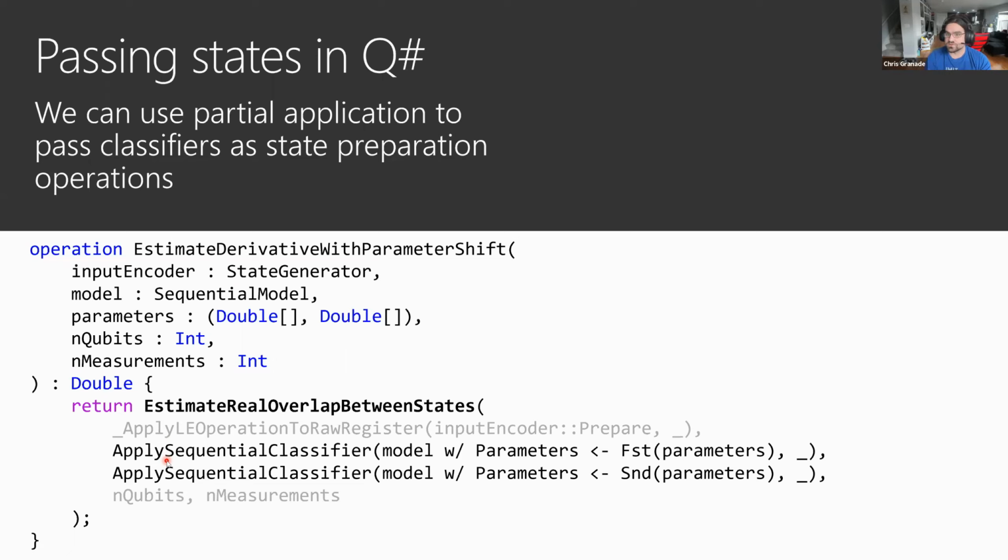In this case, we want to know what the state output from the sequential classifier is at two different values of the parameters of that classifier. And so we can do that by taking our model parameters so far and replacing the parameters with the model parameter vector by the point that we want to evaluate at. And that gives us the two states that we want to pass into that Hadamard test.